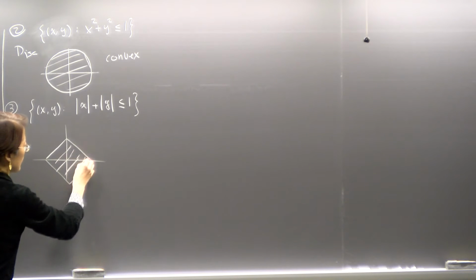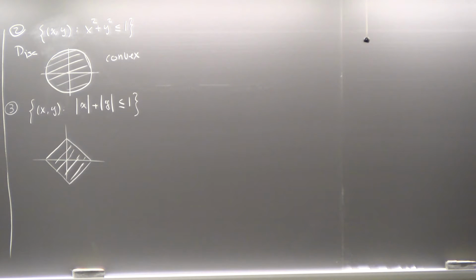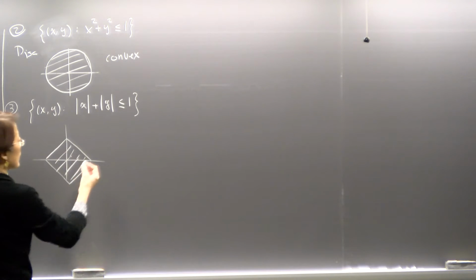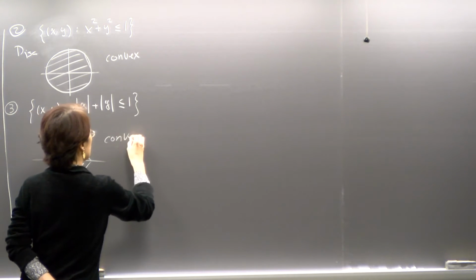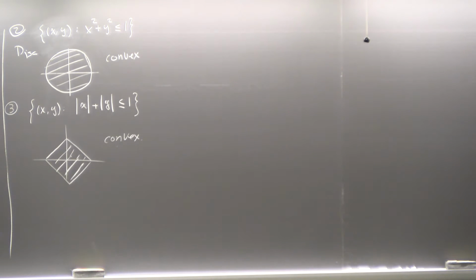Okay. Is that convex? It is, right? Visually, you see any 2 points you connect, the segment is in the set. So that's also convex. Okay, the next one, I will not write out the equation for it.